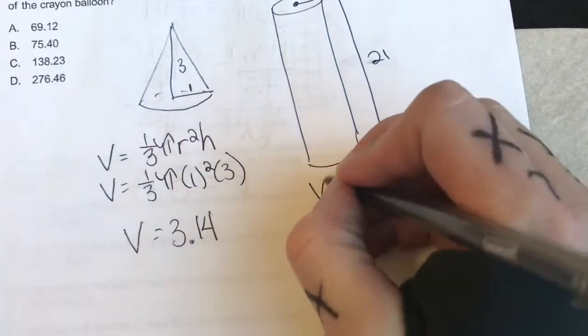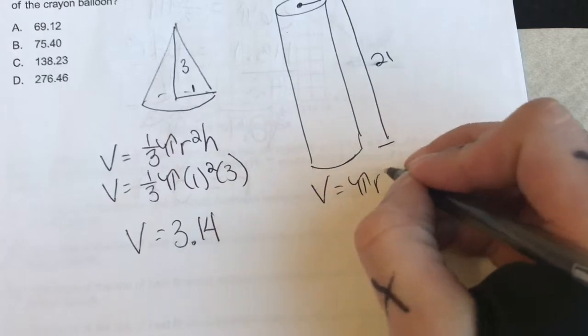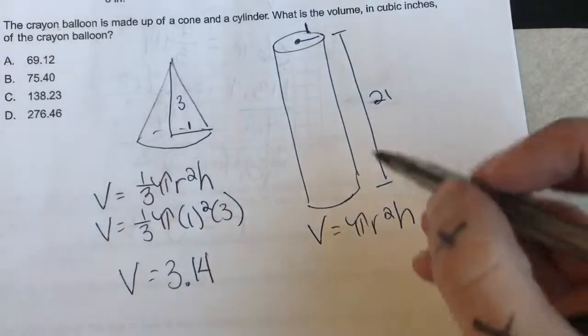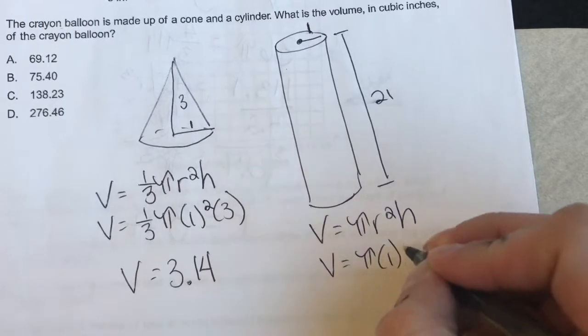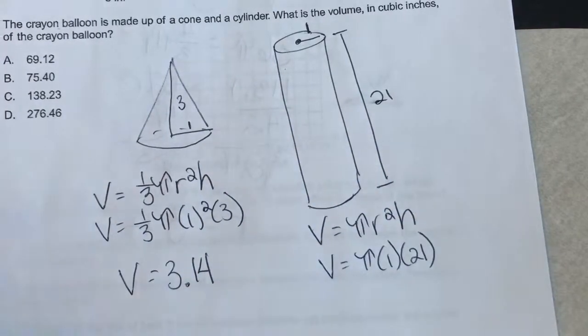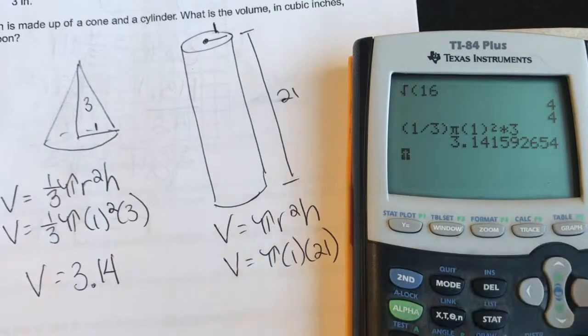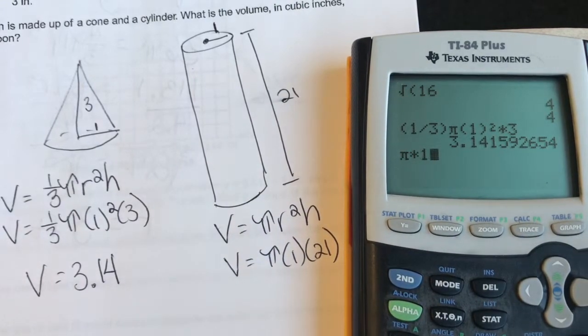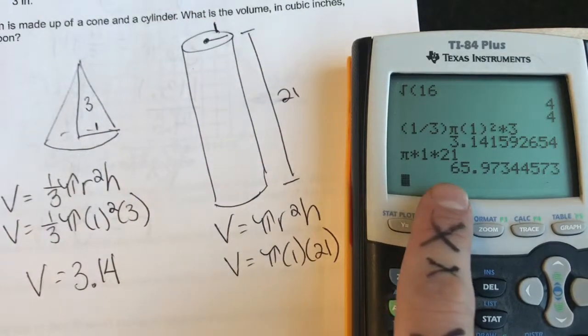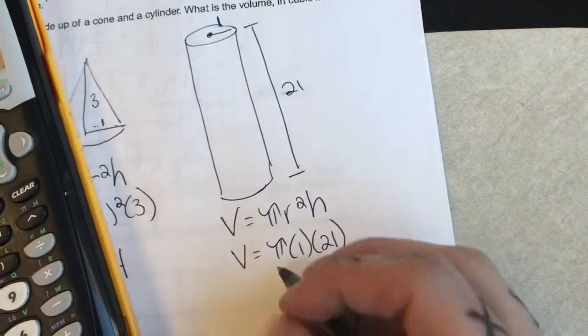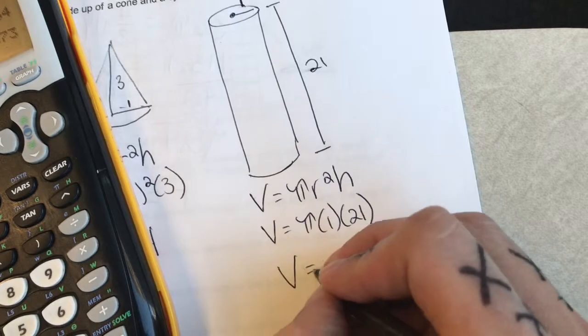My cylinder is V equals pi r squared h. My r is 1, my h is 21. So pi times 21 is 65.97, so we'll say 66.